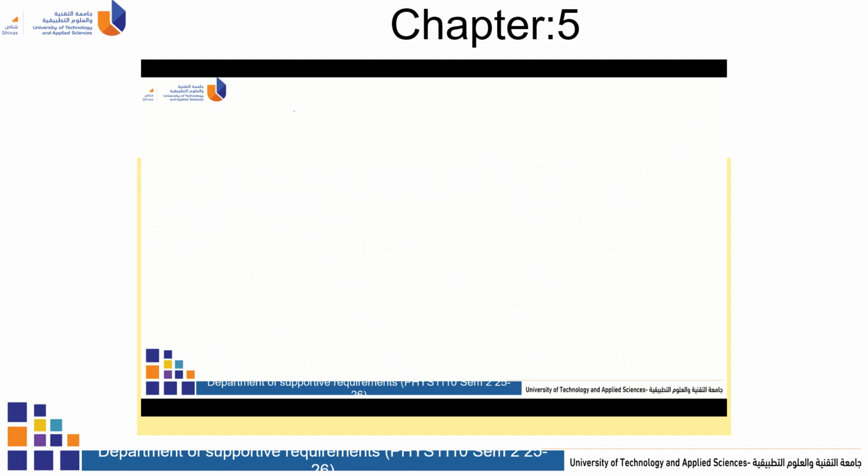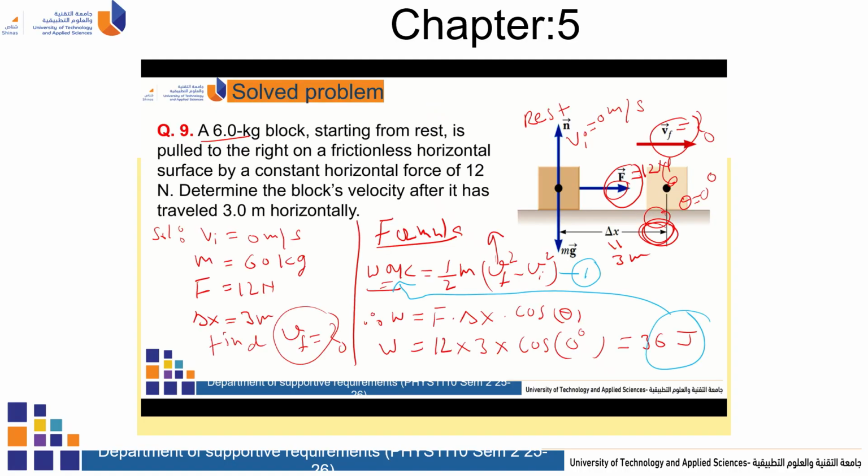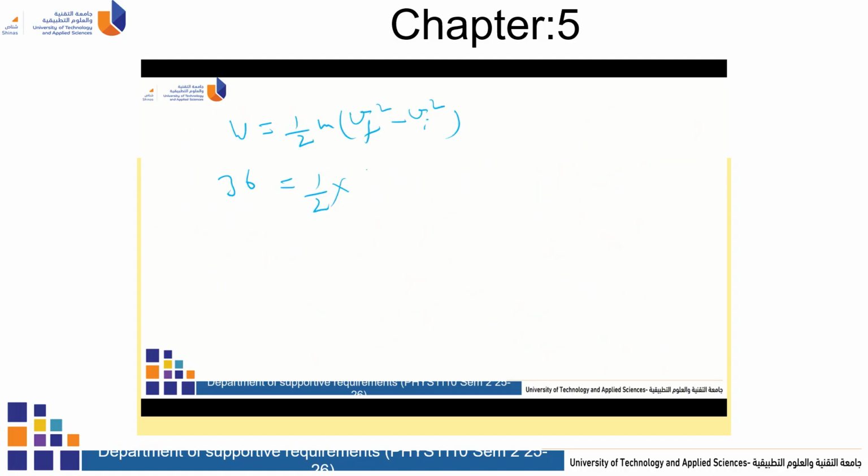So 36 is equal to 1 by 2, and the mass of the box is 60 kilogram, times vf square minus vi square. The value of vf we have to find, and the value of vi is 0.